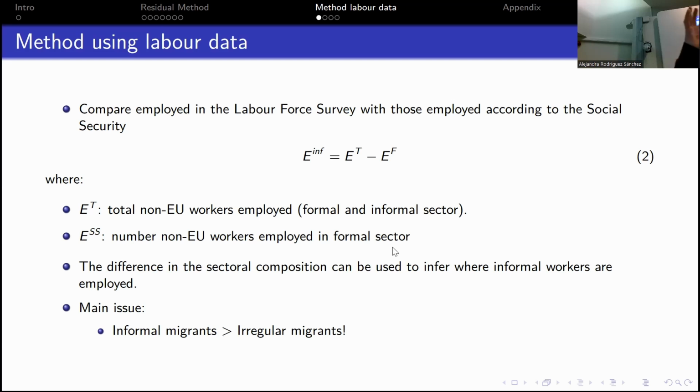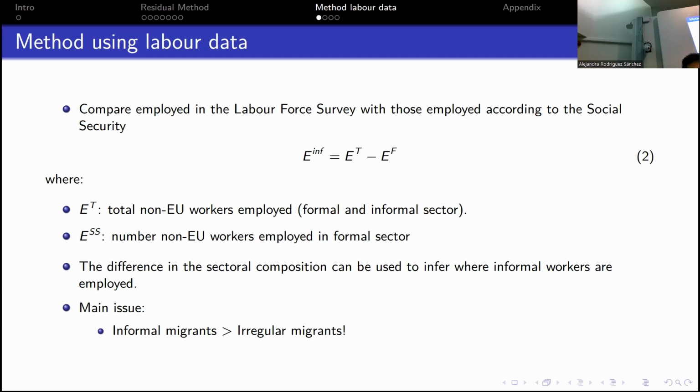Now, once you get this number, what you can do is go to the microdata. What I'm going to show you is what I did, which is going to the Spanish labor force survey microdata to get the sectoral composition of workers. That will give you an overview of the sectors where total non-EU workers, formal and informal, work.